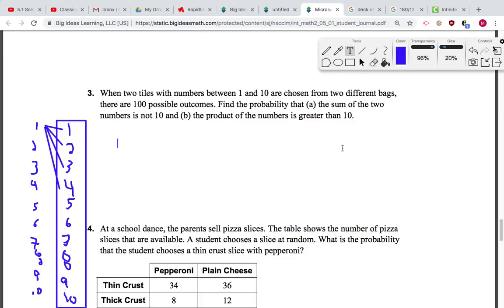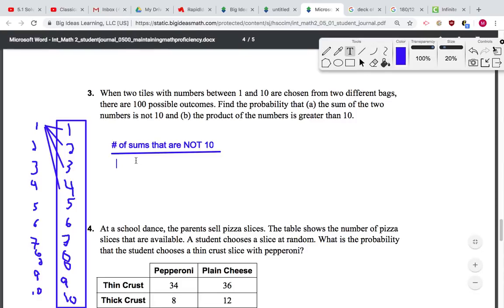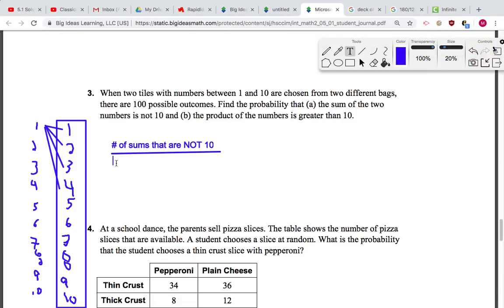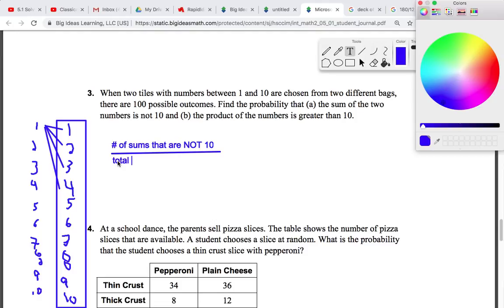Find the probability that the sum of the 2 numbers is not 10. You'll create a fraction for this: the number of sums that are not 10 over the total number of sums, which they told you is 100 possible outcomes, or I should say total number of outcomes.